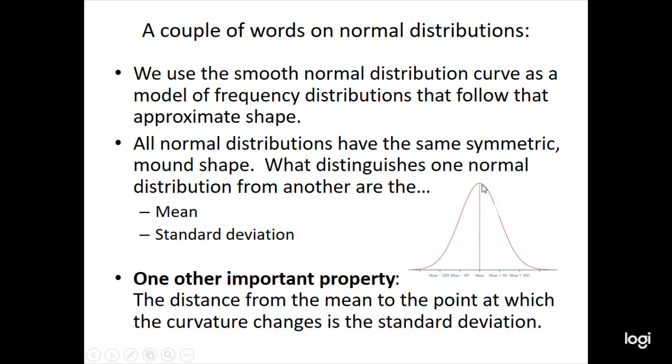Somewhere in between, it goes from being curved downward to being curved upward, and right at that point is one standard deviation out. So if you go one standard deviation above the mean, you'll be at that inflection point, where the curvature changes. And if you go one standard deviation down, you're at that same point.